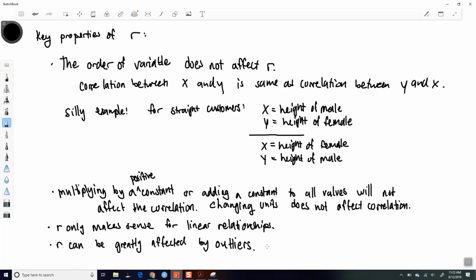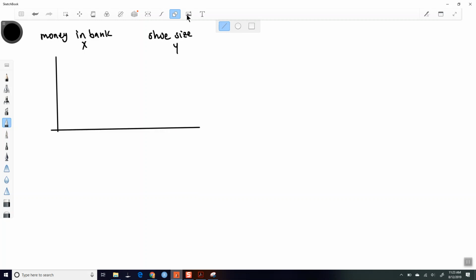So let me give us a couple of examples here. Earlier, what did I say? Money in the bank and shoe size, right? Okay, so money in the bank is X and shoe size will be Y, all right? And so in general, we would expect the correlation to be 0, yeah?